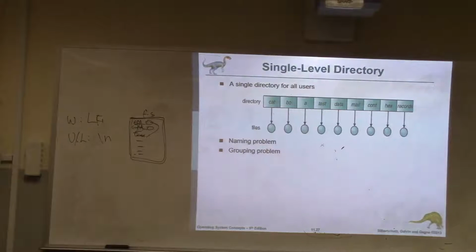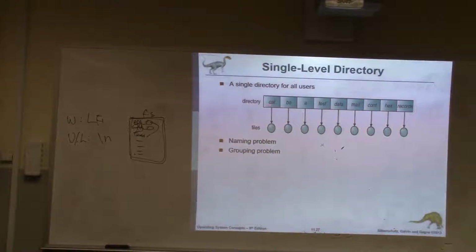The first type of directory structure is a single-level directory. As you can imagine, a single-level directory has just the directory and a number of files. For example, in this case, we have the cat, go, a, and test directories. Then each directory has the names of the files. So what about the naming? Naming can be solved.